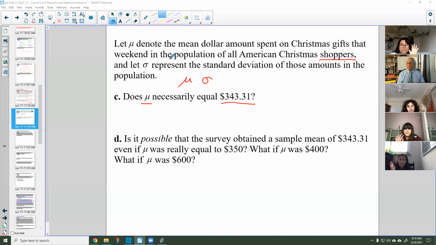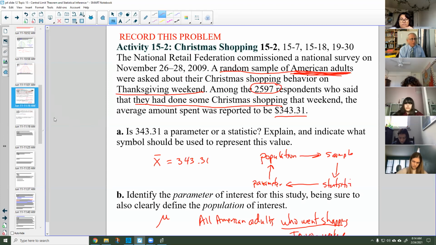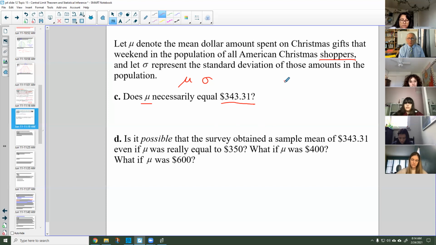It does not. That's right, because of sampling variability. This 343.31 is from a sample of 2597. N equals 2597. That's a big N, right? So sampling variability.